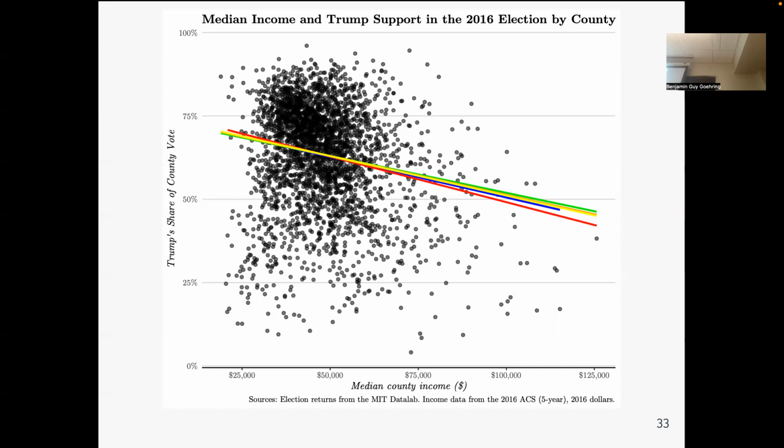There are some counties that really supported Trump. There are some counties that really did not support Trump. And when we do this, we're formalizing the fact that that makes our estimate of beta a bit more messy. It makes it a bit less precise.